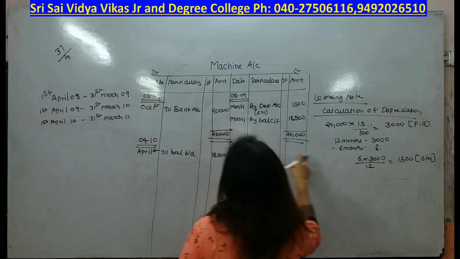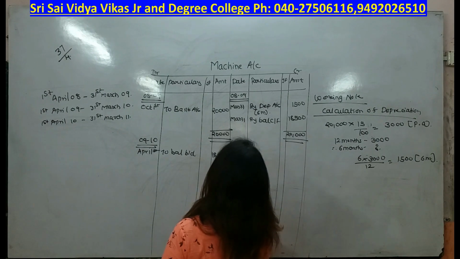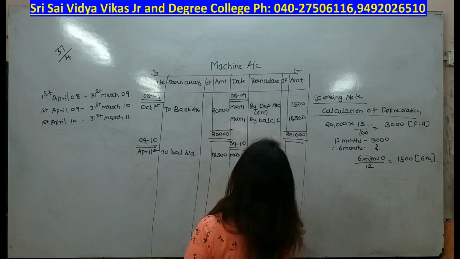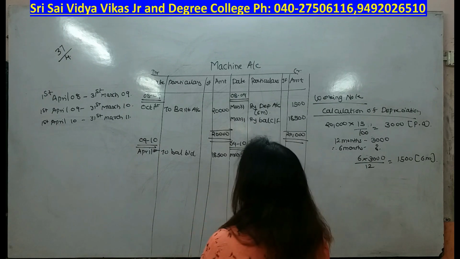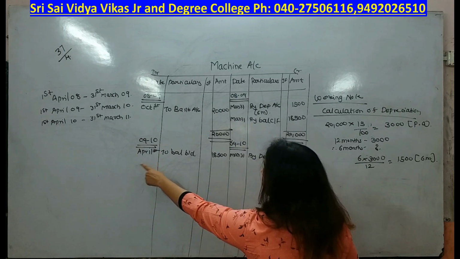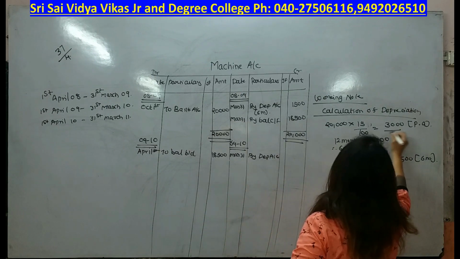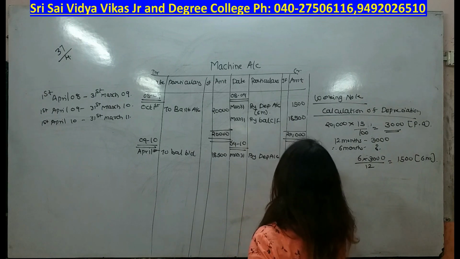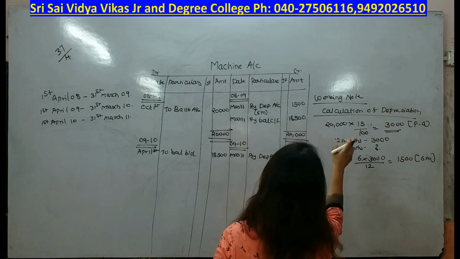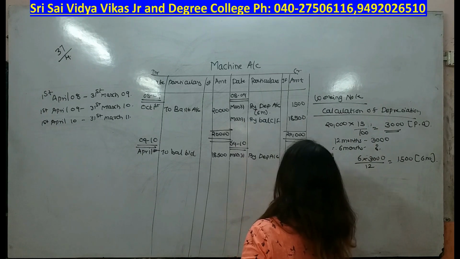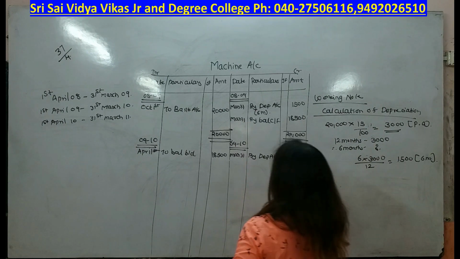Now students, see here. In this year we are having asset from the beginning, right? So for 12 months we have used asset. So for 12 months, what is the rate of depreciation? 15%. So 20,000 into 15% is 3,000 rupees will be the depreciation.